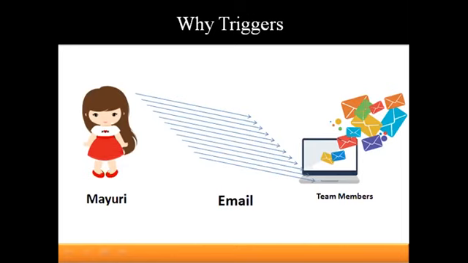If the team size is 8 to 9, she can send email easily. But if it is more than 100, it could be a difficult task to send email personally.